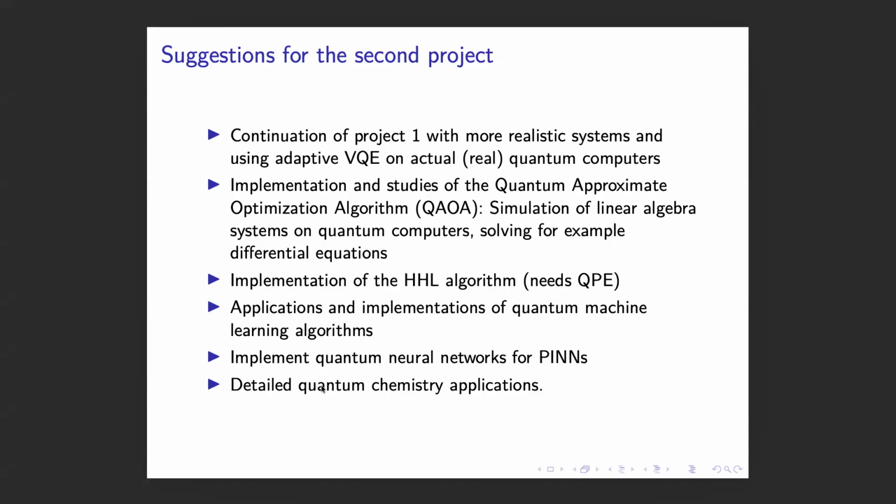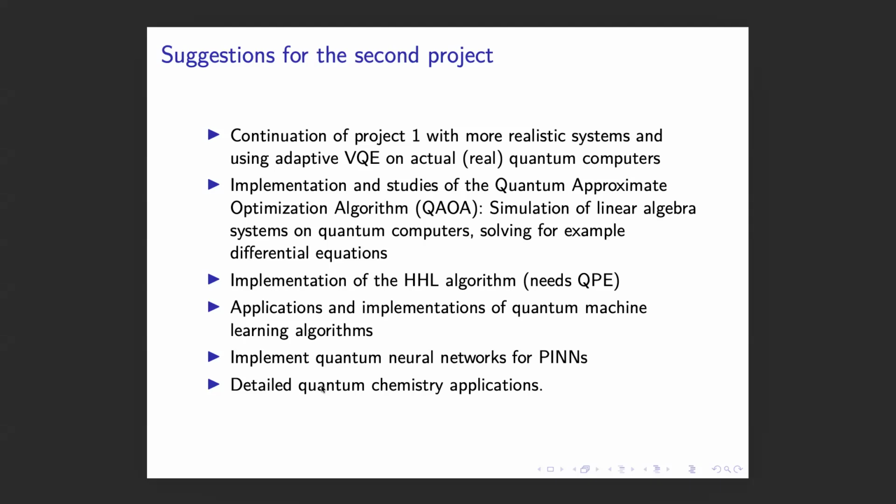the quantum approximate optimization algorithm, which in a way follows up from what we've been discussing before. We also have the HHL algorithm, which needs the QPE, and which can then be used to simulate linear algebra problems on quantum computers.